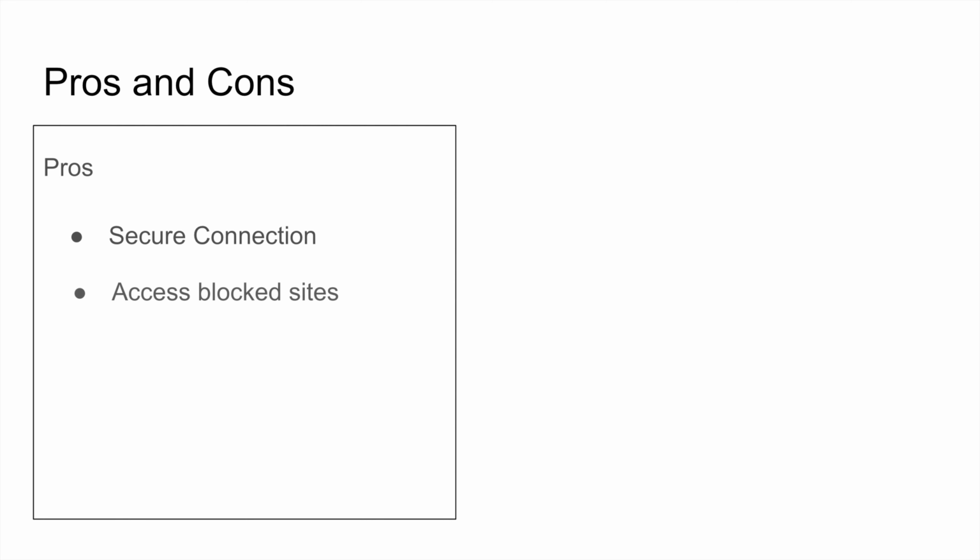And access blocked sites, I think that's an advantage, right? If your proxy blocks certain sites, you can just go through your own SOCKS proxy, just like a VPN, and avoid all of that stuff, right? Anonymity, kind of similar to VPN, right?